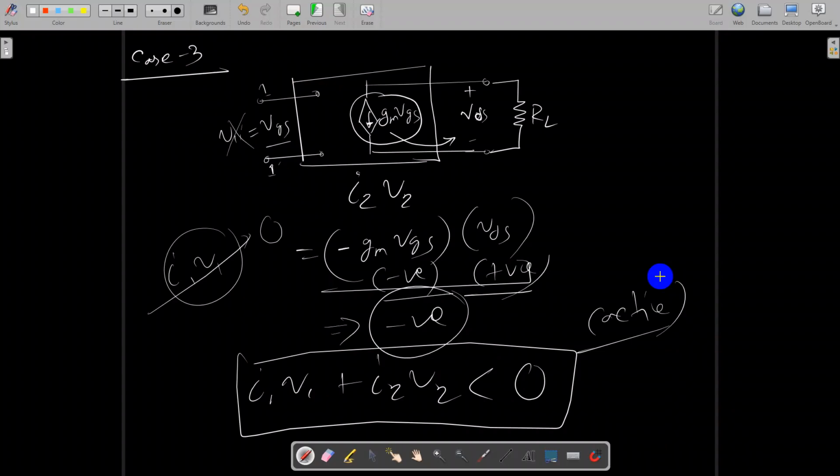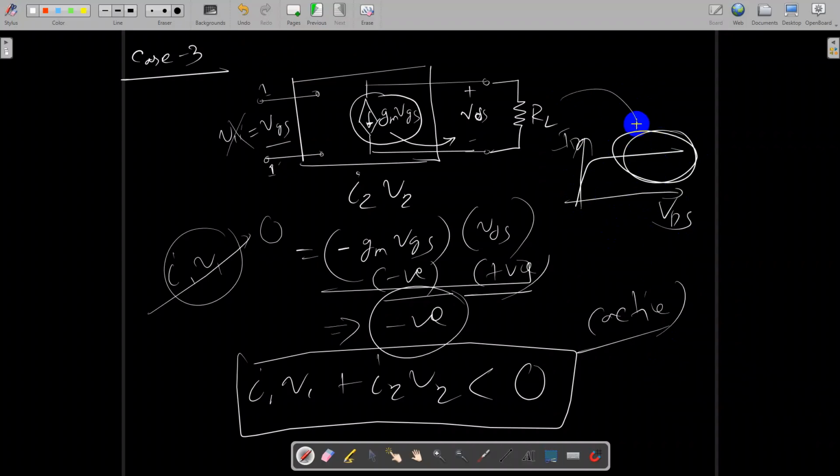Okay, and we want to make a small signal model for the active region, right? For the saturation region, those flat bands of ID versus VDS. We want to bias our MOSFET in this region, but that doesn't mean that the small signal model is valid only for this region.